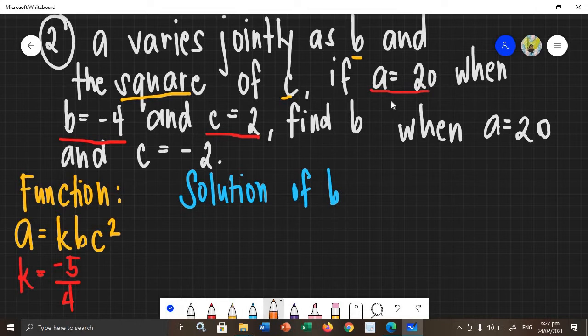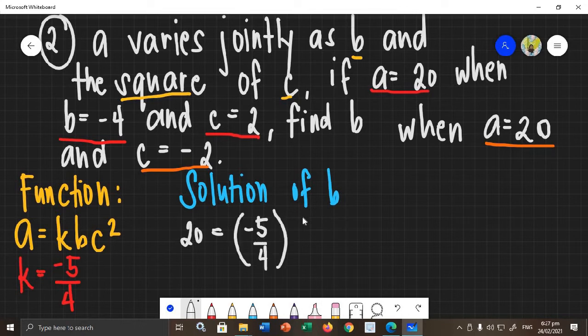So using the second given for A, which is 20, and second given for C, as well as the value of our K, we can now solve for the value of B. So A natin is 20, same lang ng unang given, no? And then yung K natin is negative 5 over 4. And then the B is equal to wala, kasi B yung hinahanap natin. So we can just write B there.